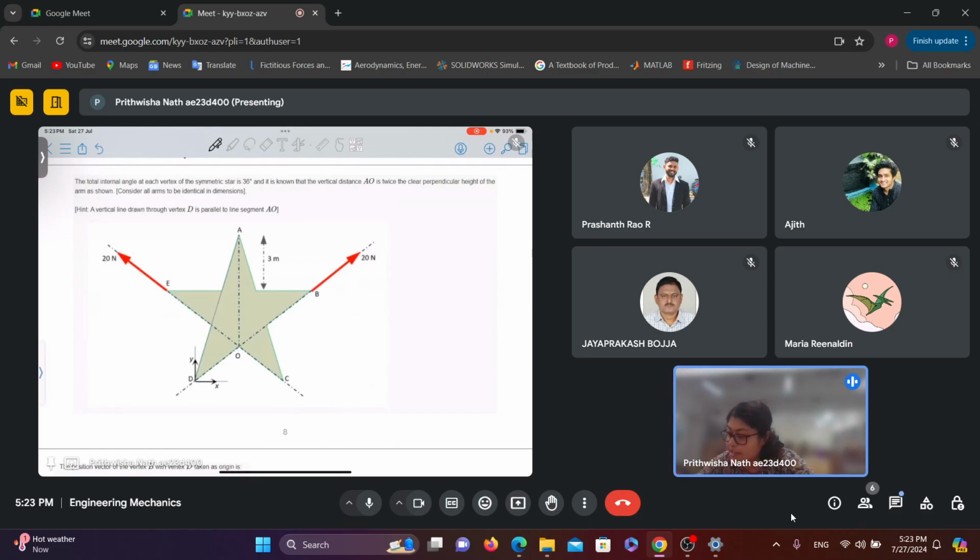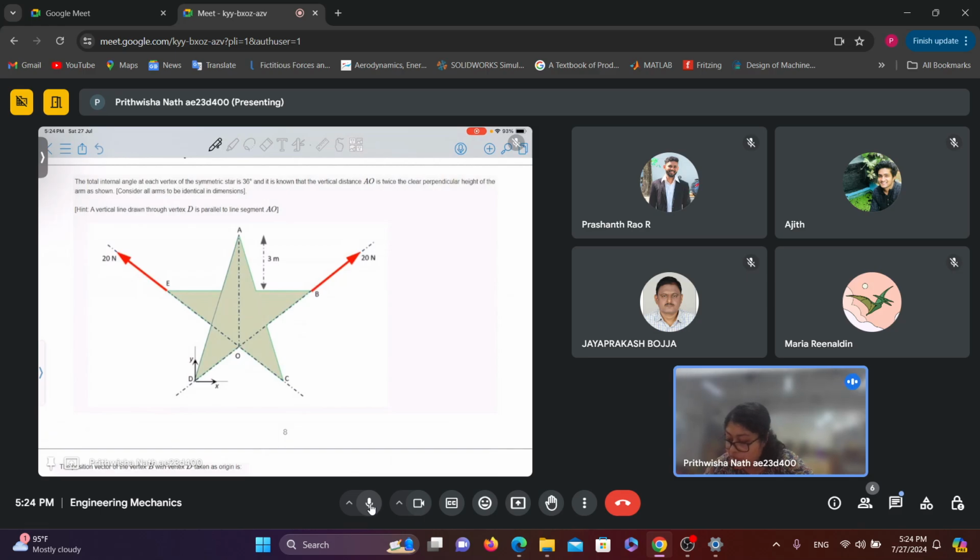The total internal angle at each vertex of the symmetric star is 36 degrees.